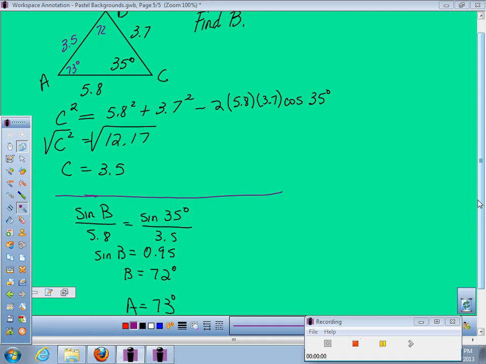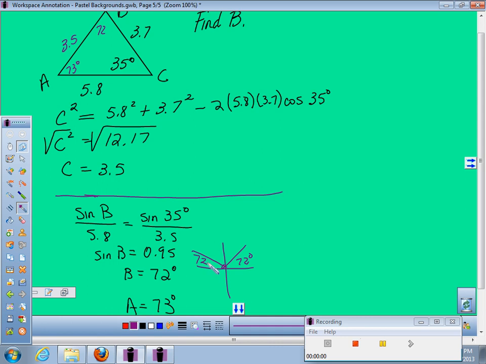The largest one, which would have been B in this case. We calculated B first and got 72, so we assumed that was right. But it's the same old thing. It could have been 72 in the first quadrant, or it could have been 72 and an obtuse angle. How do you know?